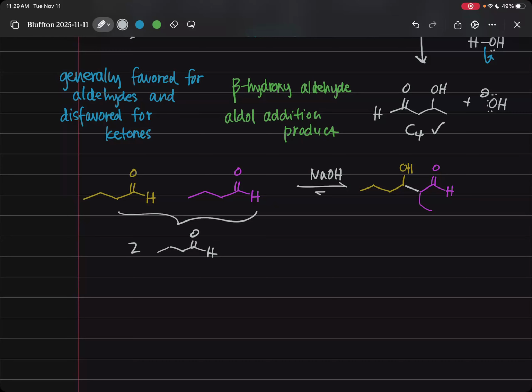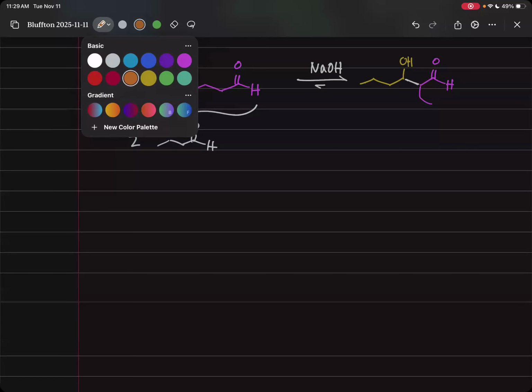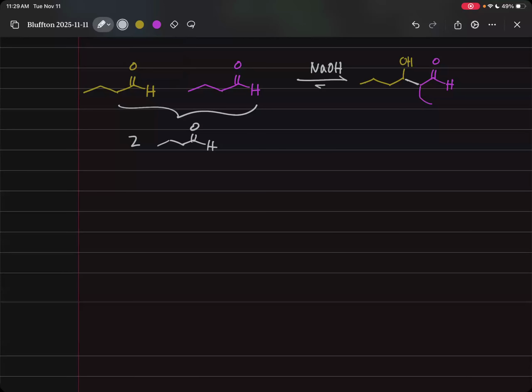How many examples do we need to know for the equilibrium, which one's favored? Yes, but it's solely going to be up to whether it's an aldehyde or ketone. So, for example, let's say instead that we're going to do an aldol with cyclohexanone.